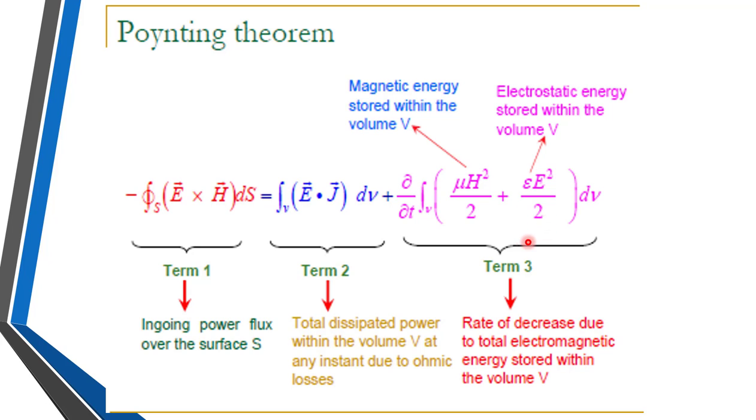So εE²/2 is electrical energy, μH²/2 is magnetic energy, and we have taken the derivative of these two energies with respect to time t. Derivative means decrease. So it is the rate of decrease of total electromagnetic energy stored inside the volume V. So all terms we have analyzed.